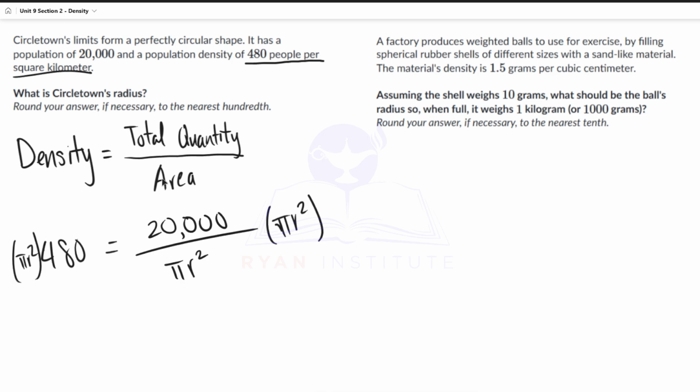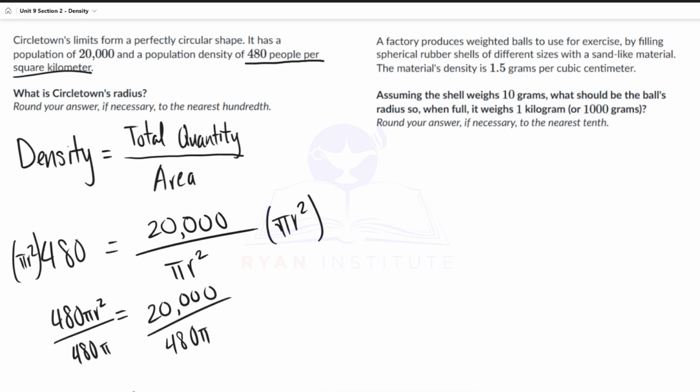And that gives us, right, 480 pi r squared equal to 20,000. We are then going to divide 480 pi on both sides.